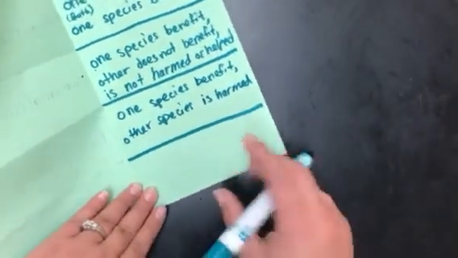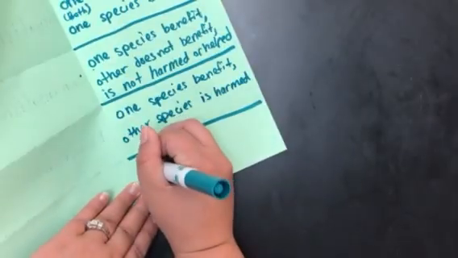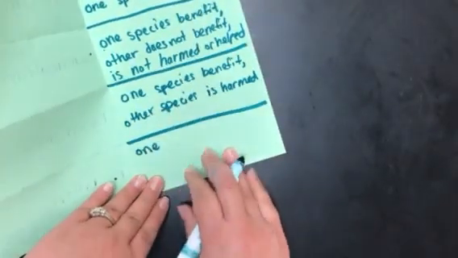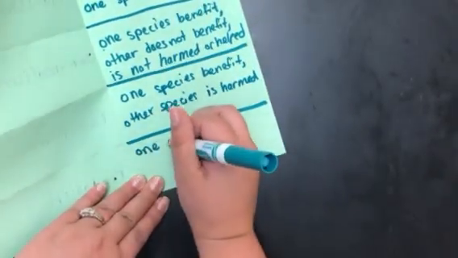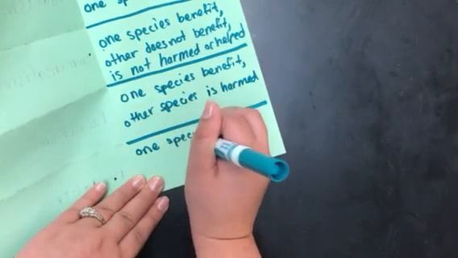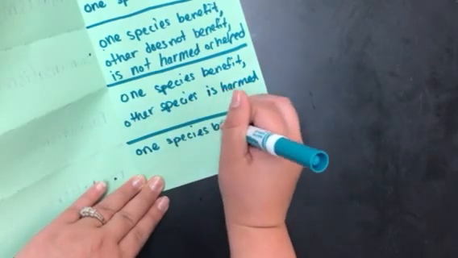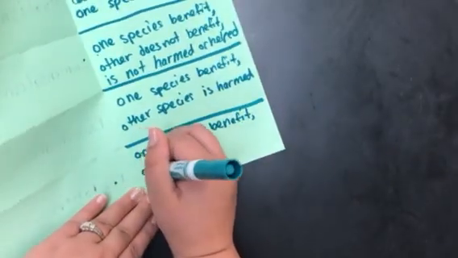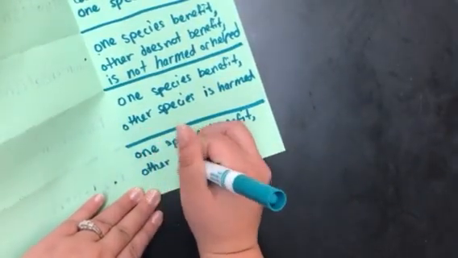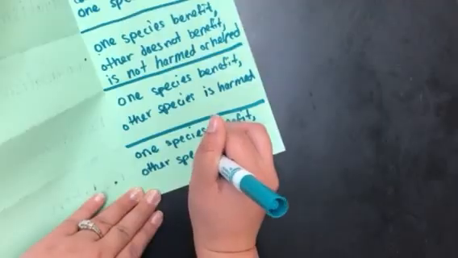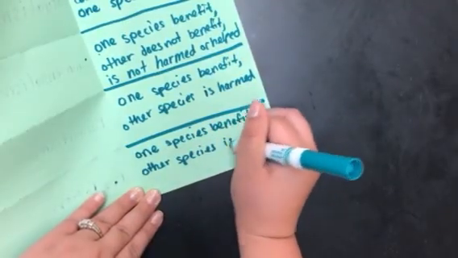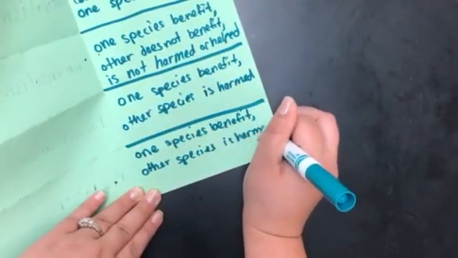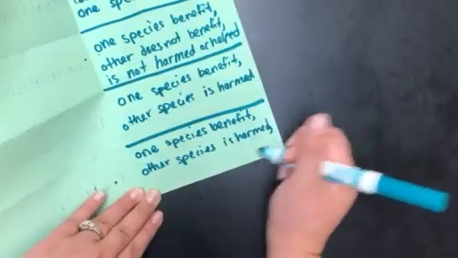Versus predation, where a predator eats its prey. So one species benefits, obviously the predator, and then the other species is harmed. And it's usually by being eaten.